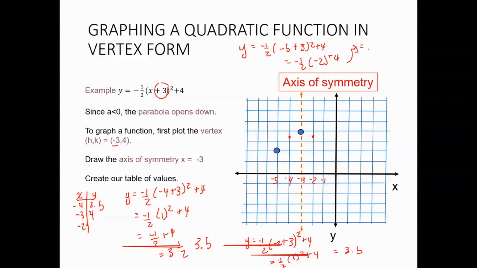That's 4 times negative 2 is negative 4, over 2, plus 4, which is negative 2 plus 4, which is going to be 2. So I get negative 5 and 2. That's where this point comes from. And I also did the same for negative 1, and I also get 2. You can plug this whole thing into your calculator just using the exponent button and your fraction button, and it should be able to do this all for you.